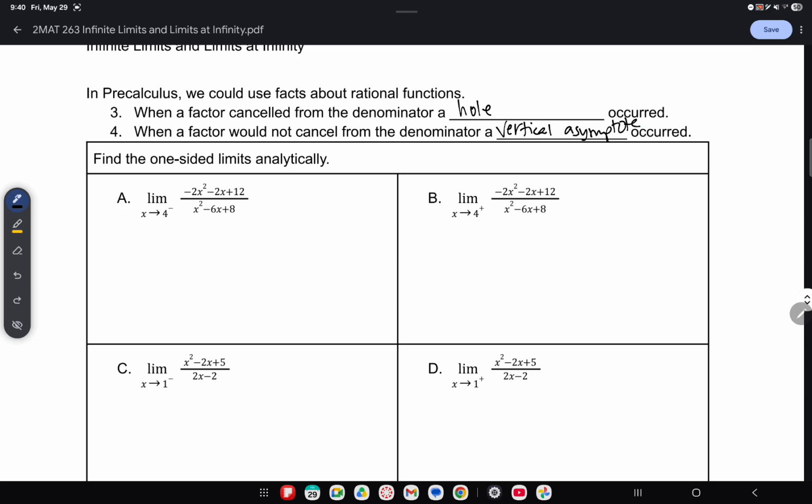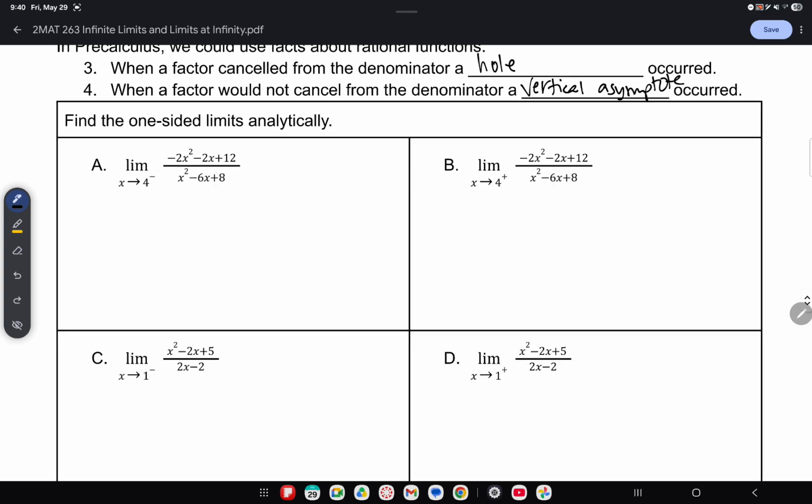So if we aren't given a graph or a graphing utility to evaluate these limits, then we'd have to do it with some algebra. So this is the same function as above, I believe. So let's look at trying to factor it. So limit x approaches 4 from the left. Let's see, that numerator, I think I could take out a negative 2. Maybe it's not the same.